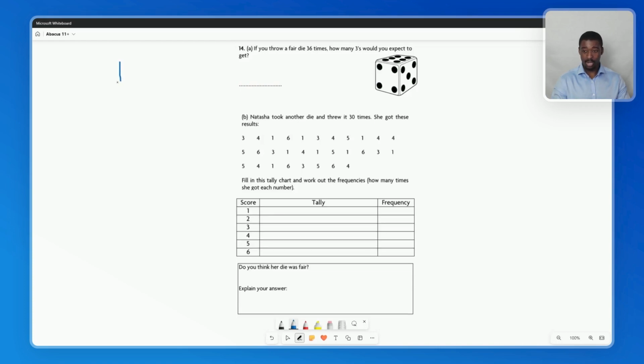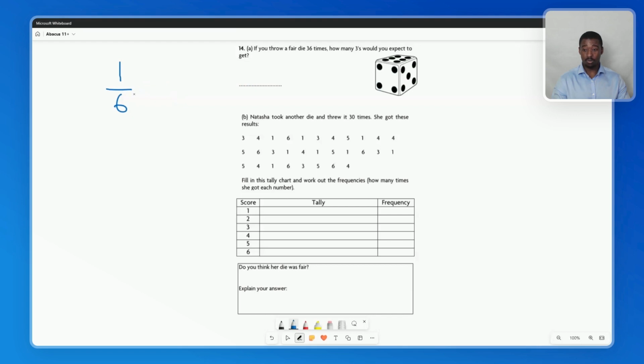So 1 out of the 6 faces. So the probability of rolling a 3 would be 1, that's our criteria, over 6, the total number available. Criteria, or number that fit our criteria, over total number available. So 1 over 6.